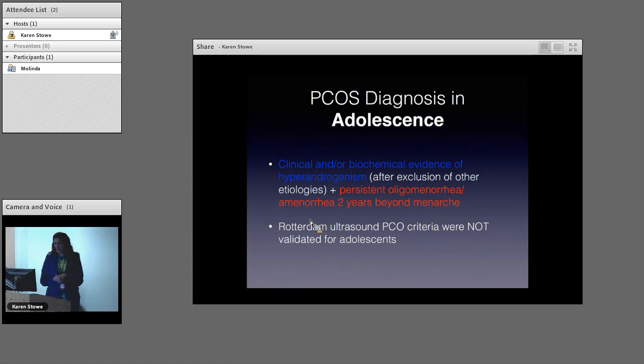And here is also mentioning diagnosis is difficult in the adolescent population and menopause population because during those times there are normal changes in circulating androgens. It's normal to have irregular periods, and it's normal to have changes on ovarian ultrasound.